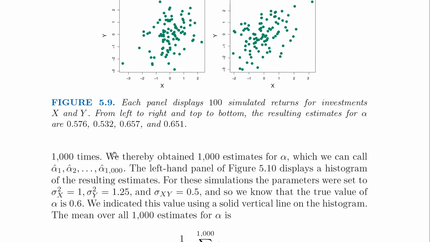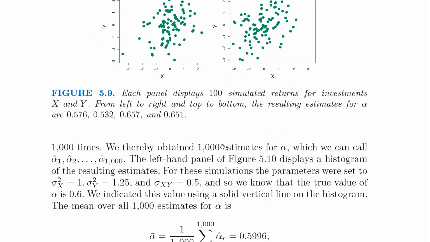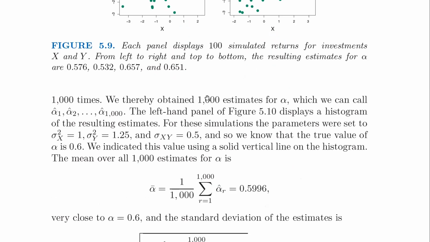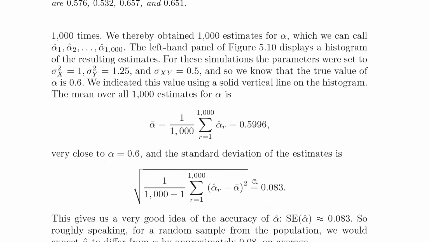And we're going to do it 1,000 times. So for each of these panels, and you're going to have 1,000 of these panels, you can estimate alpha hat. And if you give them all the same kind of weighting or the same importance, you just say, okay, what is the mean of the alpha?